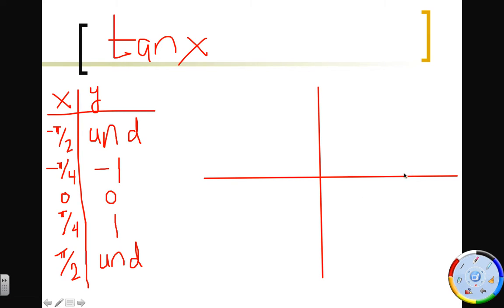I'm going to be out here at pi halves and out here at negative pi halves, and let's start plotting everything we know for these particular numbers.